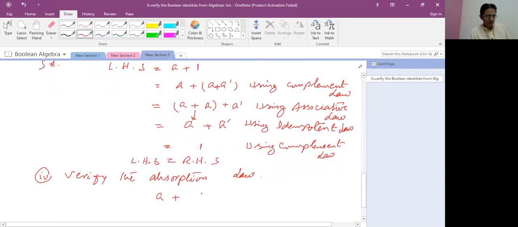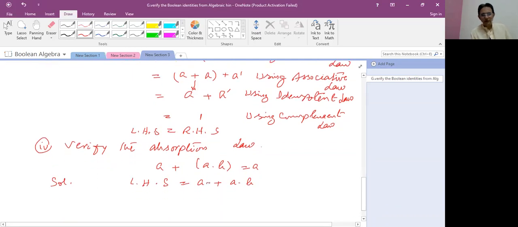A plus A dot B is equal to A with respect to addition. So if we take here, student, the left hand side is equal to A plus A dot B.